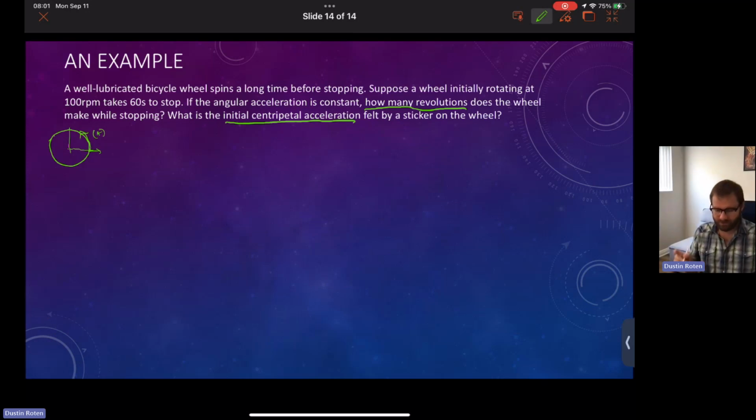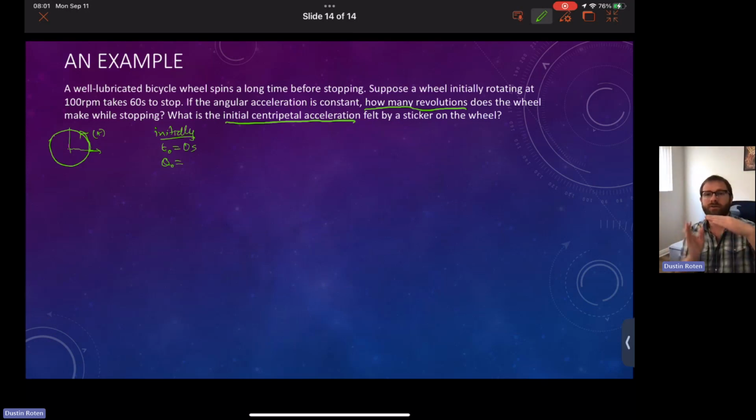So here's my picture. Let's think about sort of our initial and final states. So initially, well, we know that t naught, our initial time, is 0 seconds because we get to decide where to start the stopwatch. We also know our initial position.